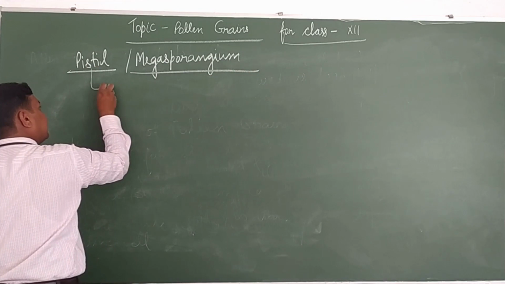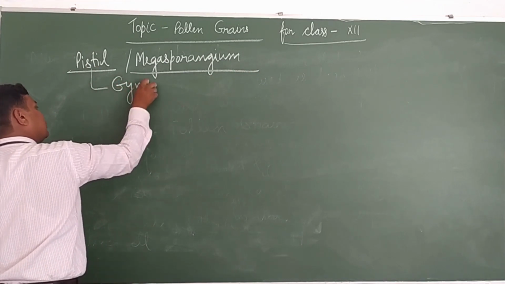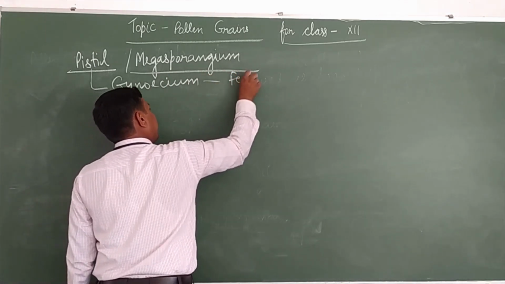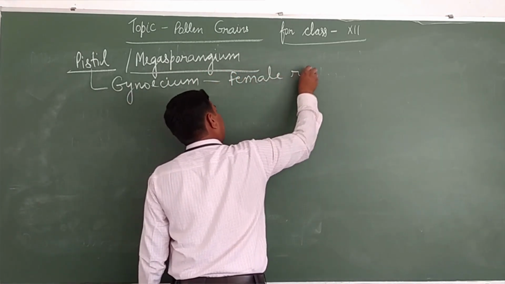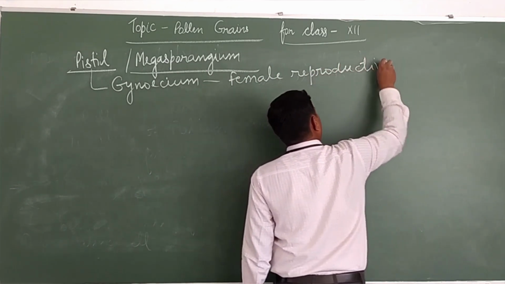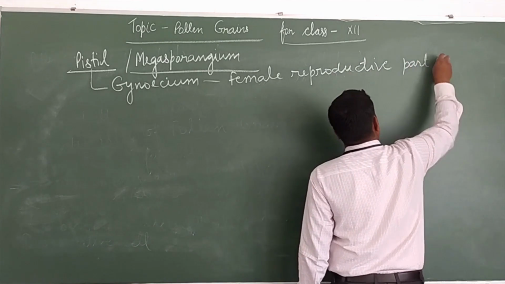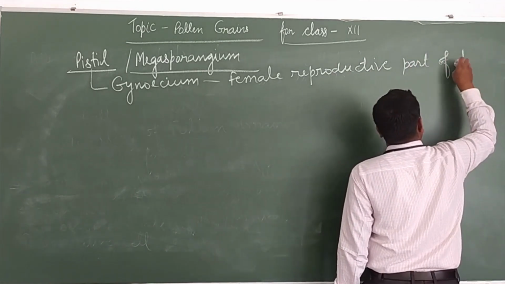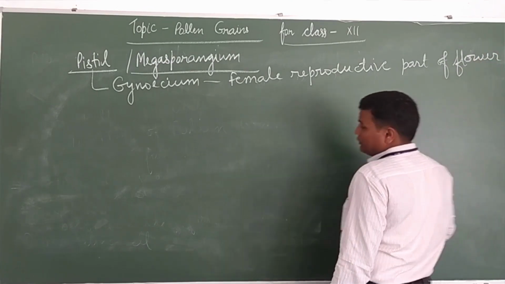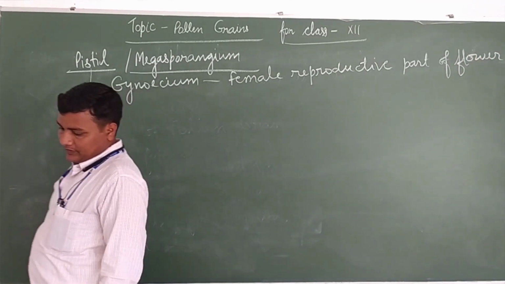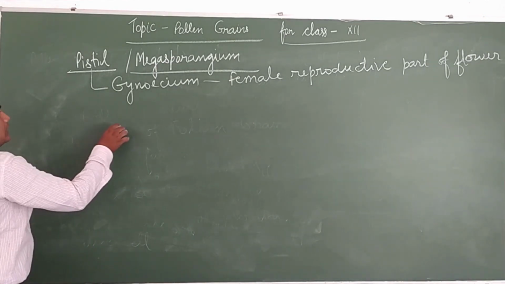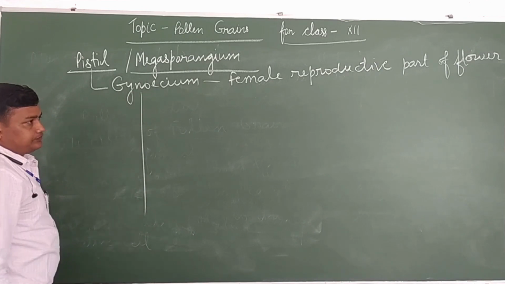Pistil is also known as gynecium, and gynecium is the female reproductive part of the flower. Gynecium is of two types.